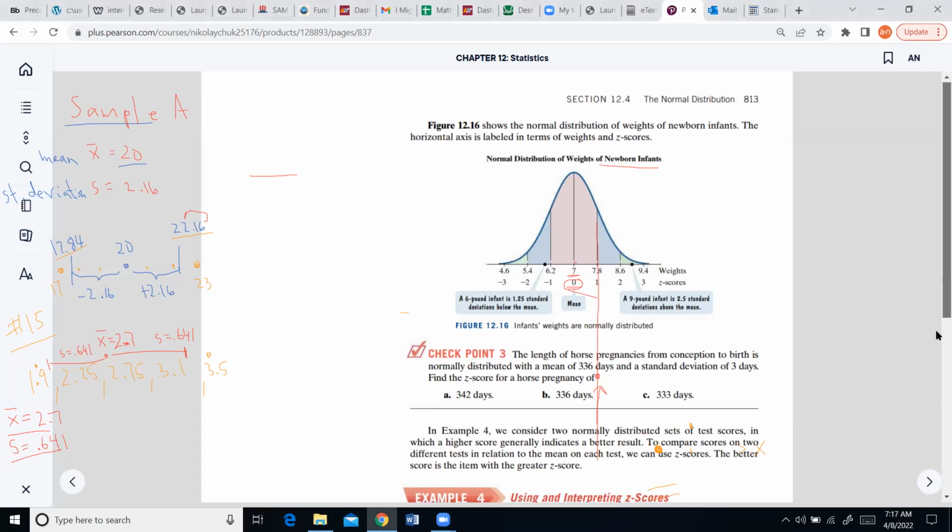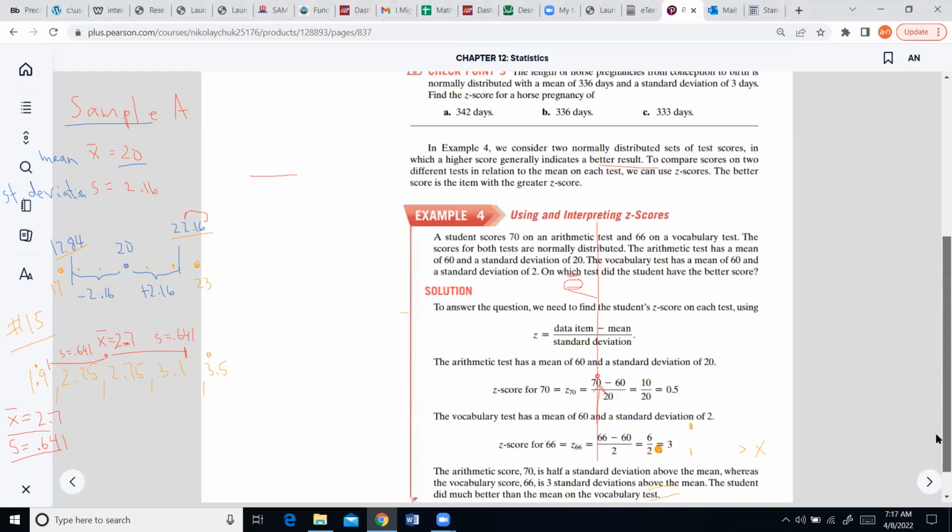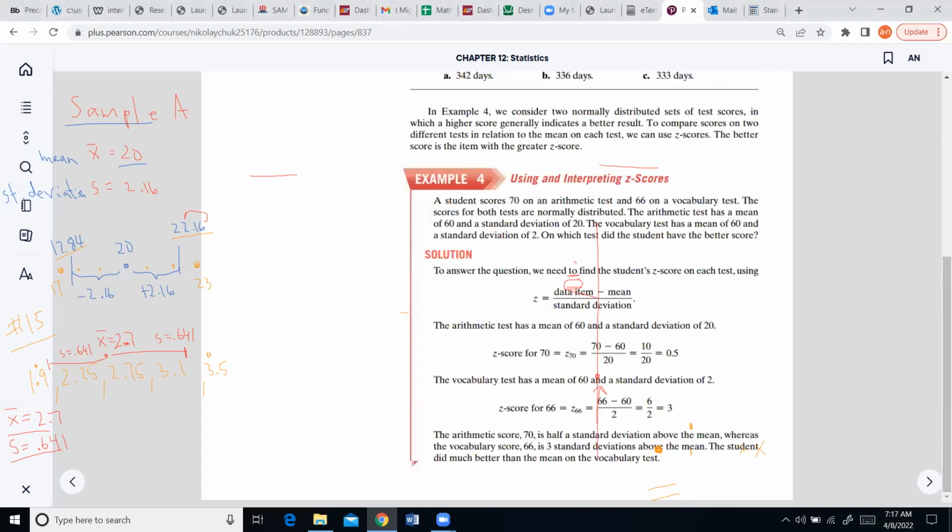And the answer is they have a special way to find various values for this. And we'll be talking about those special ways next time. But for today, they are always trying to use a little formula that says x minus mean over standard deviation.